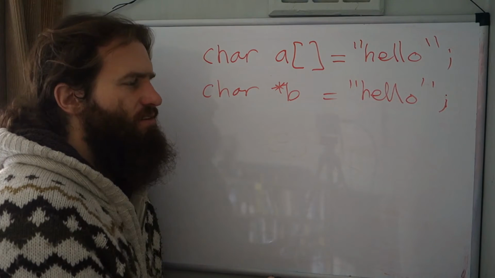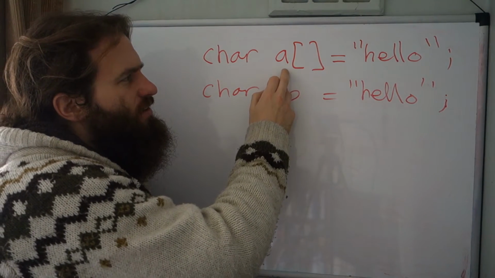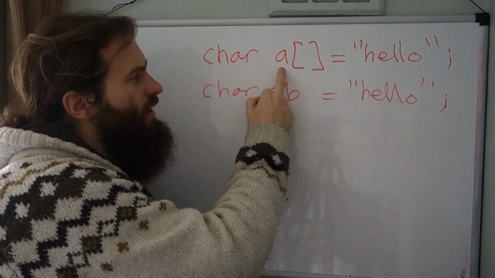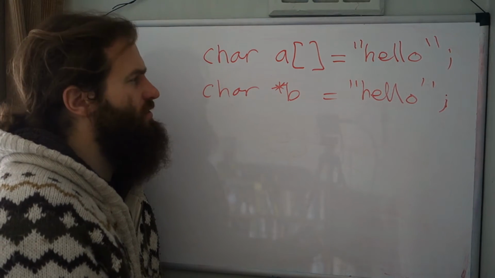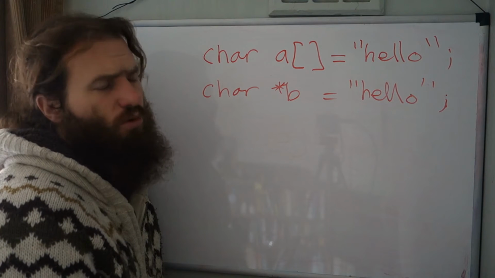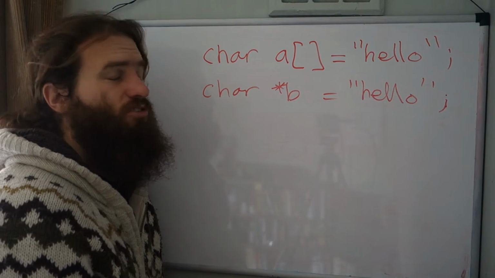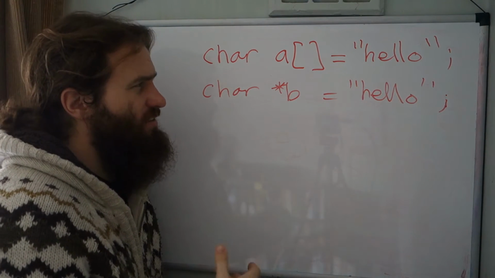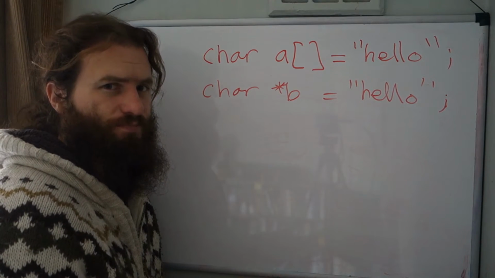So what that means is that you can pass a character array into a function that expects a character pointer. And that's true of all arrays actually, which is very useful, because in that sense you can treat them the same.